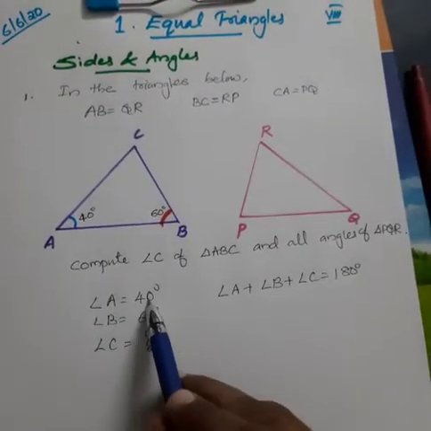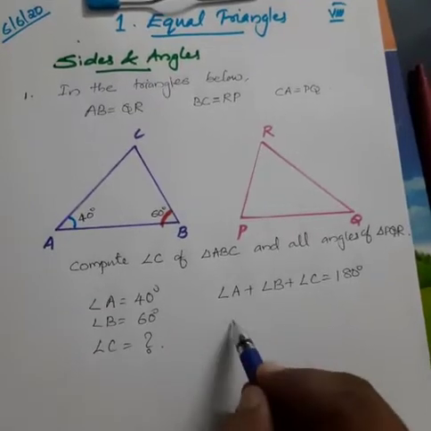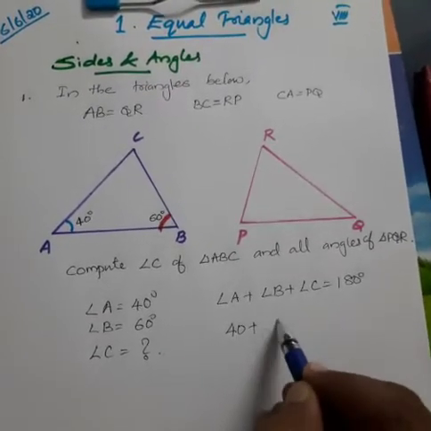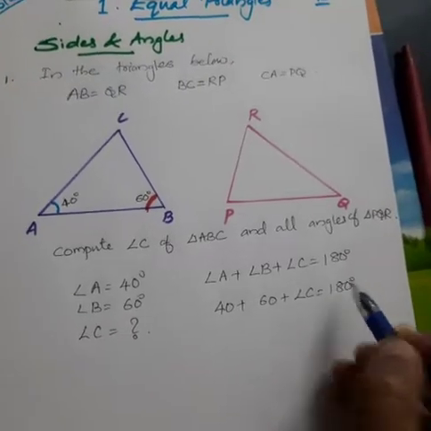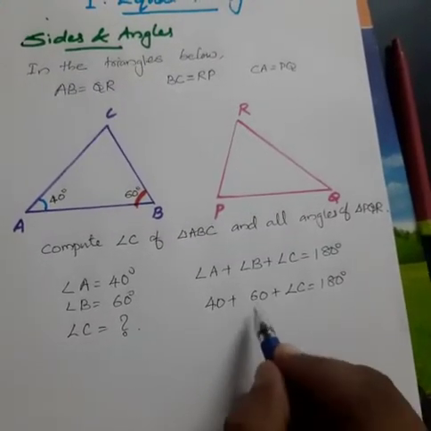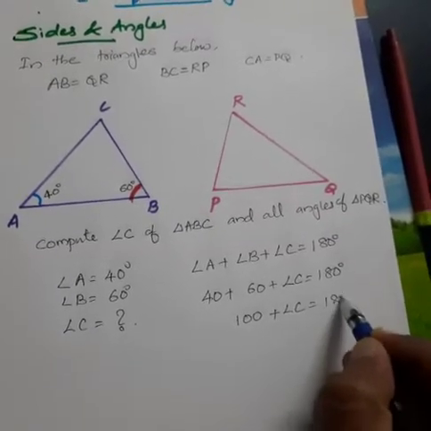Here angle A is 40, angle B is 60, C is not given. So substitute the values: 40 plus 60 plus angle C is equal to 180 degrees. So 40 plus 60 is 100. So 100 plus angle C is 180 degrees.